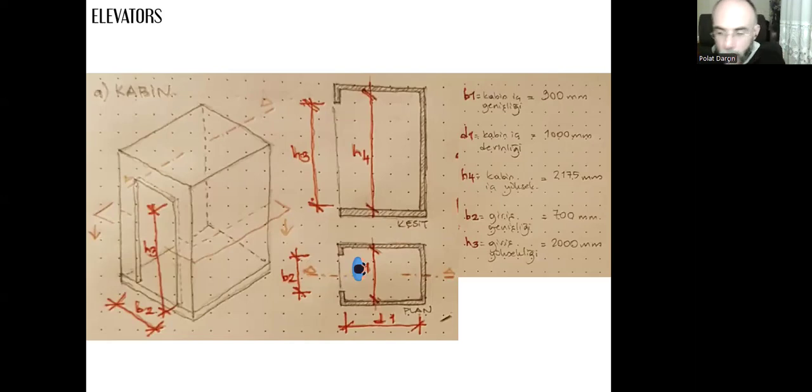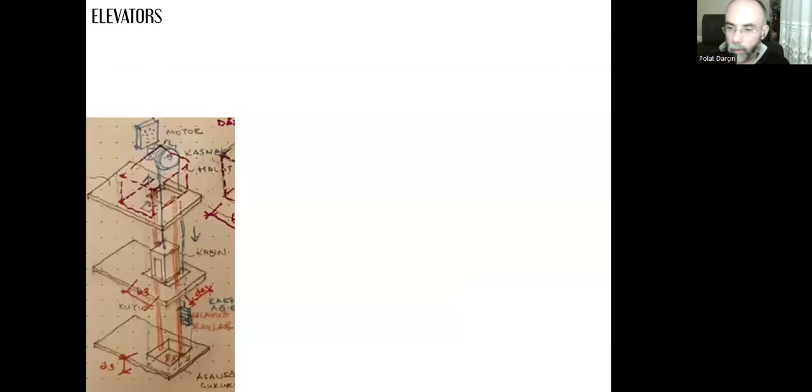Or if it's an office building or a hospital building, again, there may be lots of different users that need to use the elevator at the same time. So the sizes of the cabin, the area, should be determined based on the number of people.